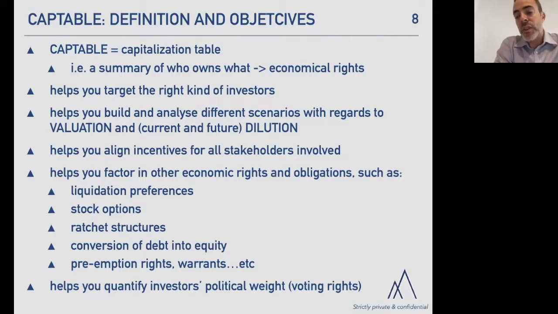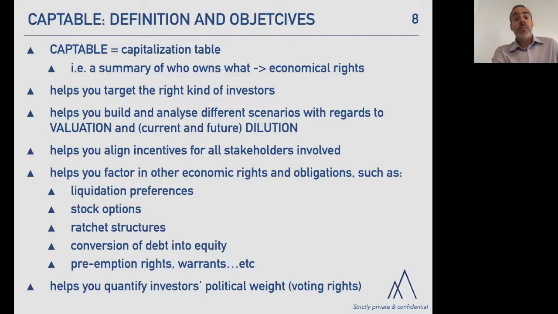Basically that means that if things go average, the investor is going to get that 30% that he owns of the outcome. But if things go really well, because you are convinced that things are going to go well, and therefore your valuation is super cheap and a bit punitive for me, why don't you share a little bit of your outcome at exit?